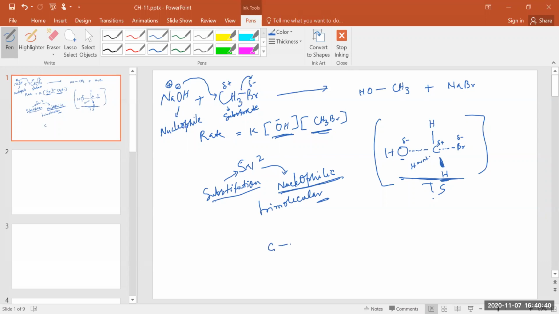Now suppose there is a substrate that is chiral. Here you have a bromine and a hydrogen, and this is methyl, and here you have ethyl, CH2CH3. What will be the configuration of this one? It will be 1, 2, 3.